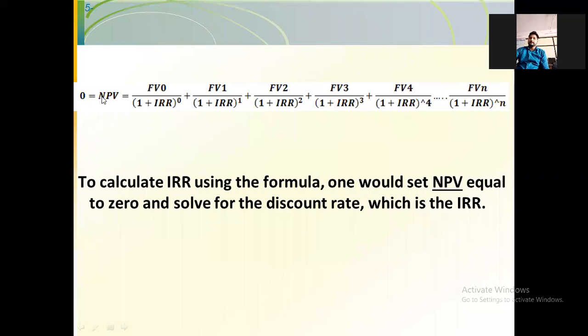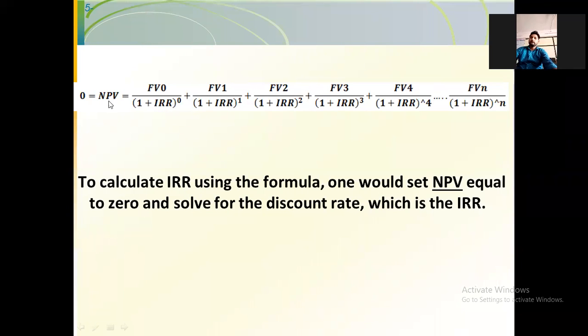We are considering that NPV is equal to 0, the net present value of all future payments equal to 0. If we consider this, then and only then are we able to calculate this IRR.